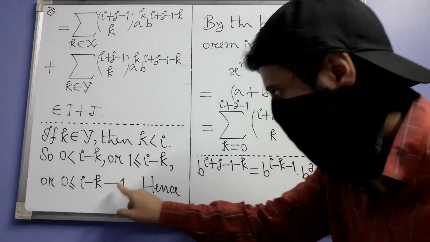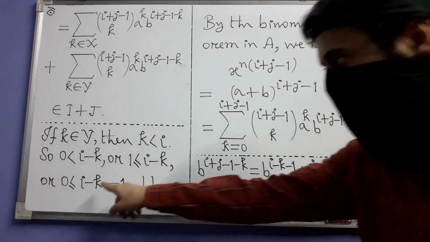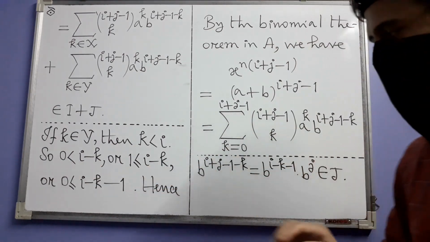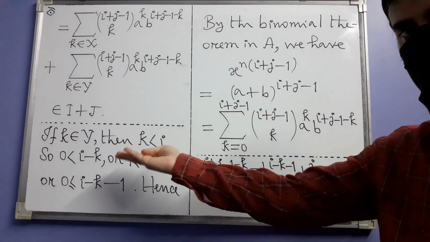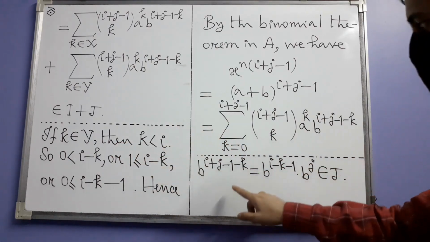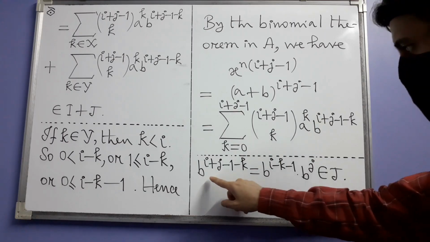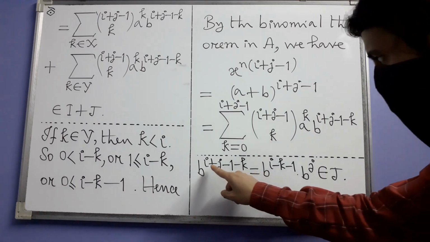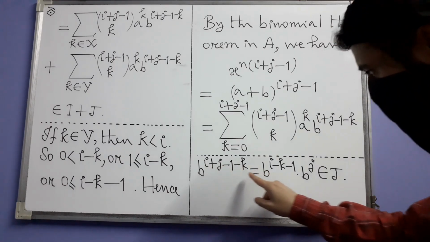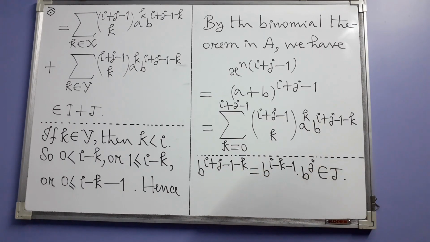Because I minus k minus 1 is a non-negative integer, we can apply that law of exponents that we applied just now, and split this power into a product of two powers. One of them is b to the power I minus k minus 1 and the other one is b to the power j.